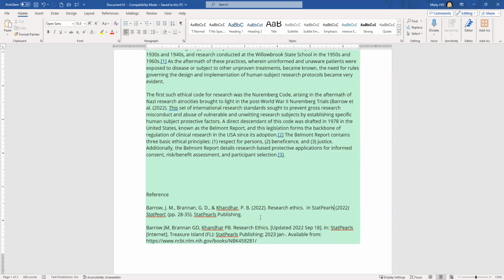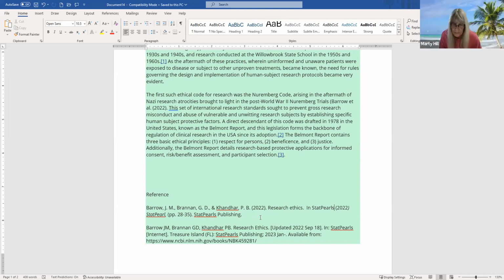Dr. Hill. Yes, sir. Okay, just recap what you just said about how to write this kind of citation. You put the name of the author first, and then between two parentheses, the year, correct? Correct. Secondly, do you put the name of the book between two parentheses or not?